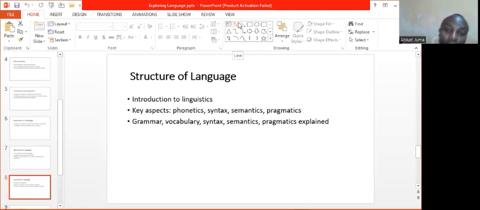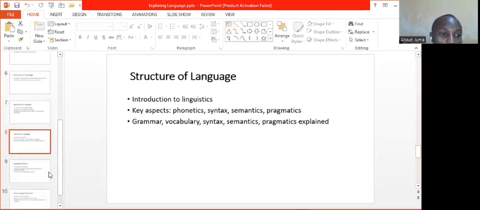Under pragmatics, that is the use of language in different contexts. And in syntax, this is the structure of a sentence. And phonetics, these are the sounds. We also have grammar, vocabulary, and syntax as I had said earlier, semantics, pragmatics.